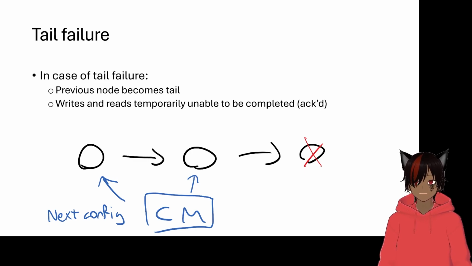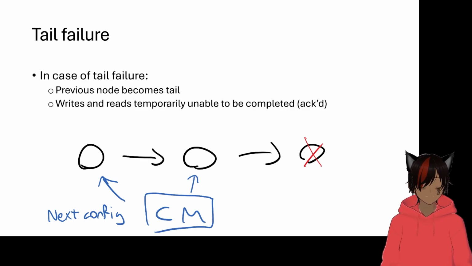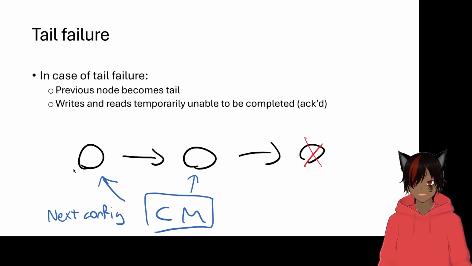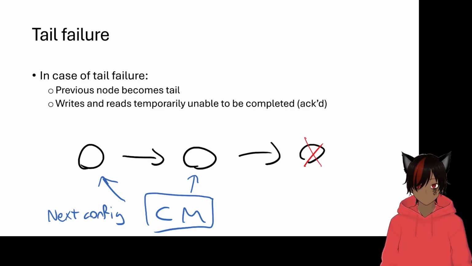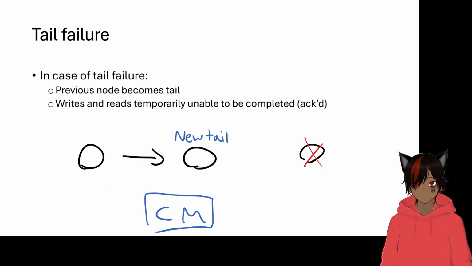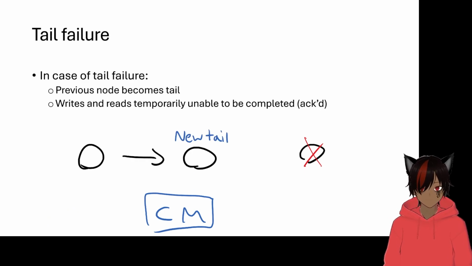So actually, the tail failure is kind of worse, just because it really takes down a lot of the capabilities of chain replication. Importantly, though, writes can still be accepted because the head is still alive and the client is still able to keep doing it. It's just that those writes can't complete until the failure recovery process is ended. And we've got this new tail.